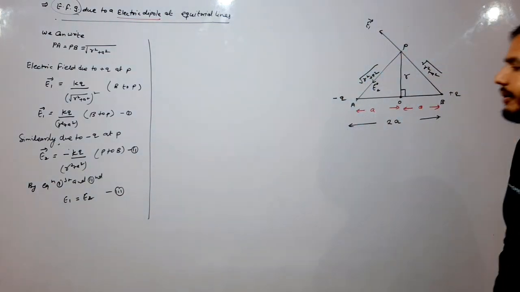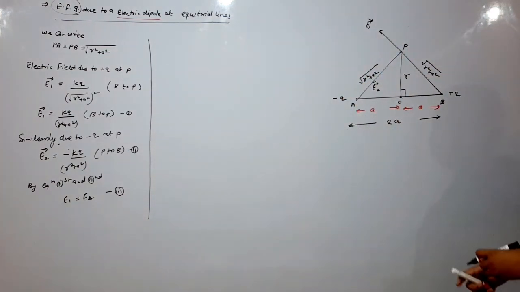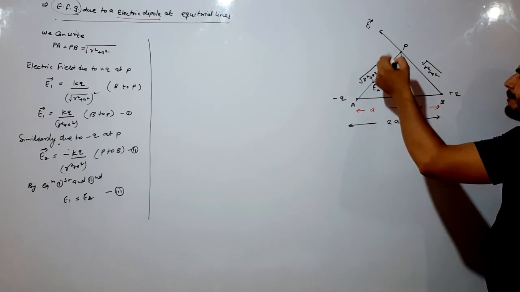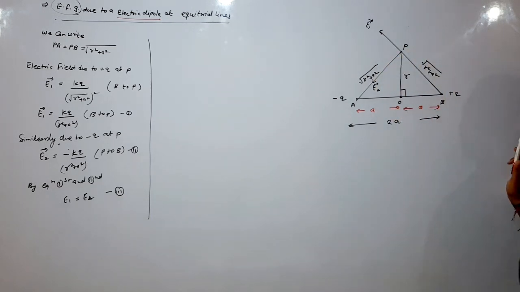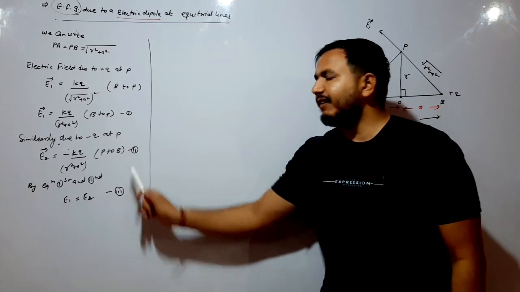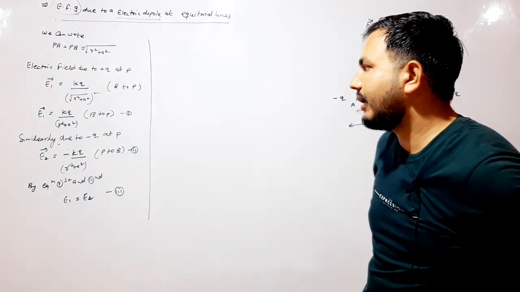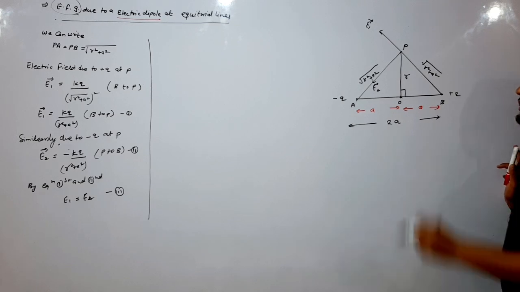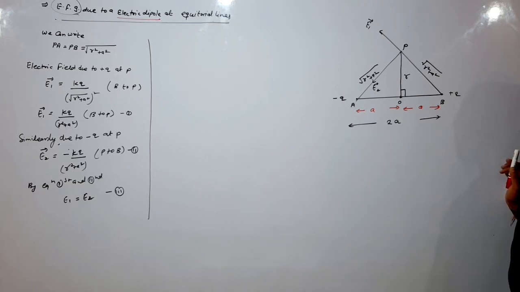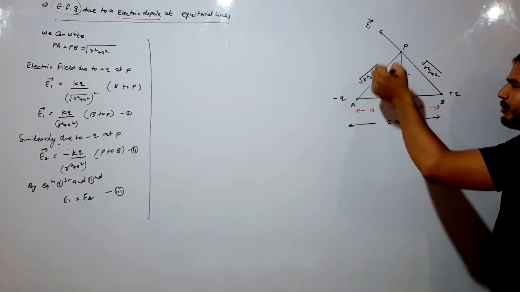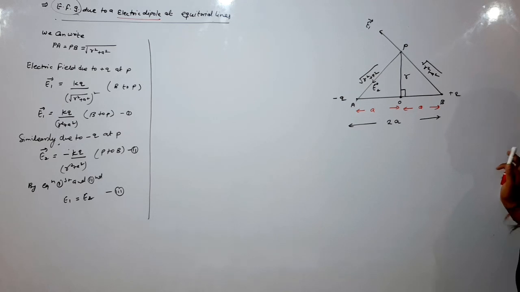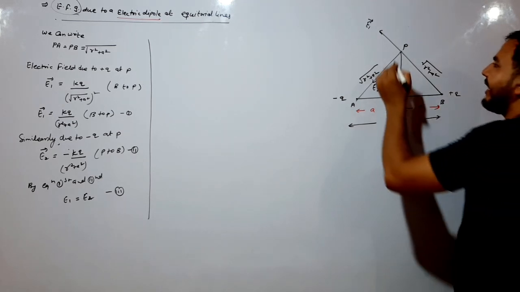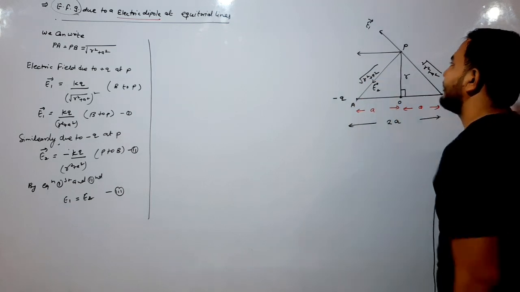Clear? But here a problem is generated, because if a 0 degree angle is made between E1 and E2 vectors, then both the electric fields can be added up, but some theta is making here. Due to this, you cannot add both the electric fields. So to remove this problem, we divide into components.